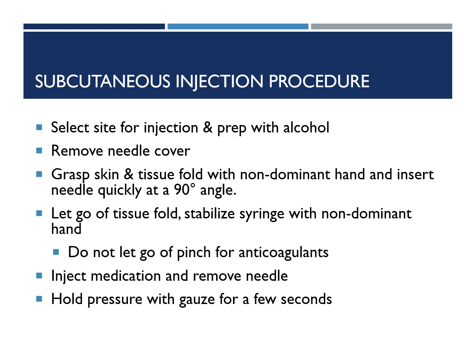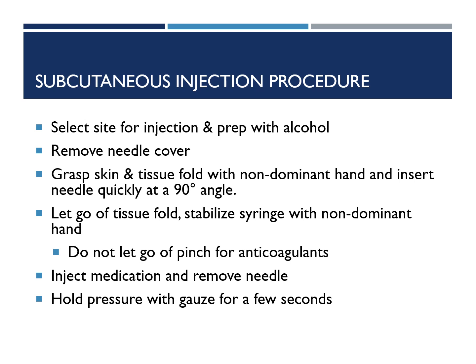You're going to insert that needle at a 90-degree angle if the patient has enough fat. If the patient is very thin or if they're a child, you can go in at a 45 to 60-degree angle to make sure that tip of the needle stays in that fatty layer. You're darting the needle into the skin. You're not inserting slowly. Next, you're going to let go of that tissue fold. You're going to stabilize the syringe using your non-dominant hand.